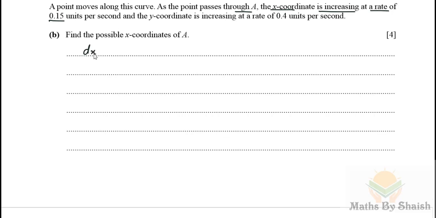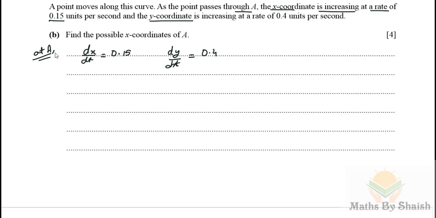Means dx over dt is given as 0.15, and the y coordinate is increasing. Dy over dt is also given as 0.4 units per second. Now find the possible x coordinates of A.